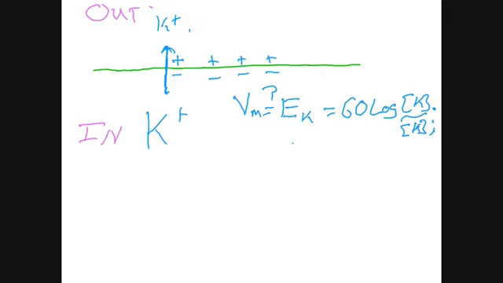But now ask yourself, what's the consequence of potassium leaving the cell and leaving negative charge behind? Well, that potential that's generated is going to tend to oppose the movement of the potassium outside. So as the potassium leaves, it's going to leave negative charge behind, which is going to tend to pull back the potassium. And when the two forces are equal and opposite, then you have the equilibrium potential for potassium.